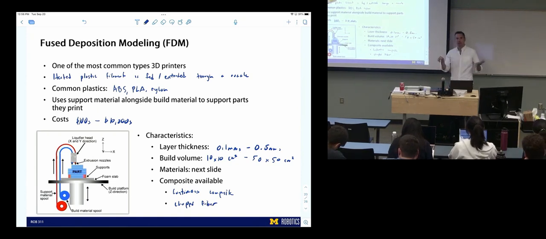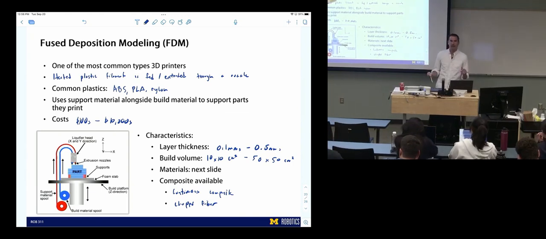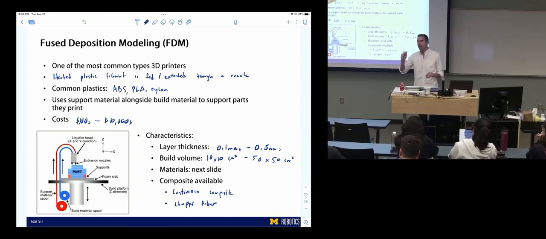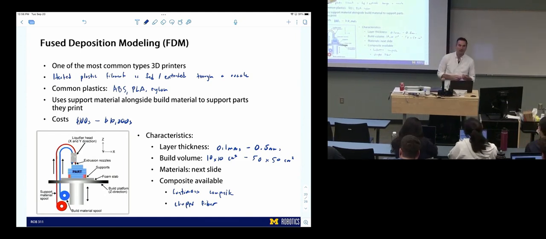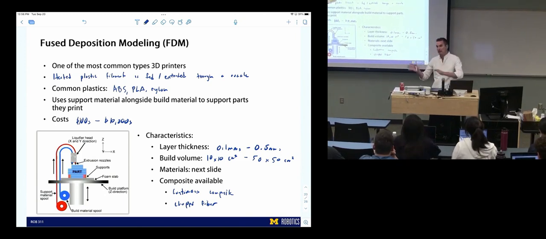So as it's printing, some printers, we'll talk about this more in a slide or two, can lay a fiber with it, and that's going to help the strength of that material. Chopped fiber is not nearly as good. I don't really even consider it an innovation, but the continuous fiber is a huge deal. That's really good, so we're gonna talk about that more in a second.